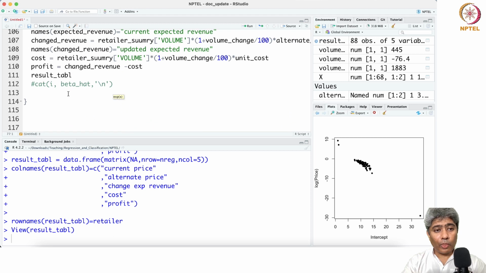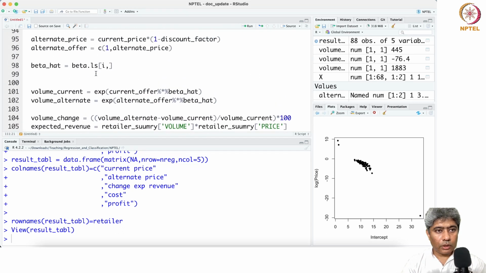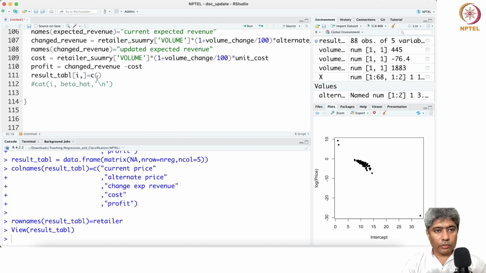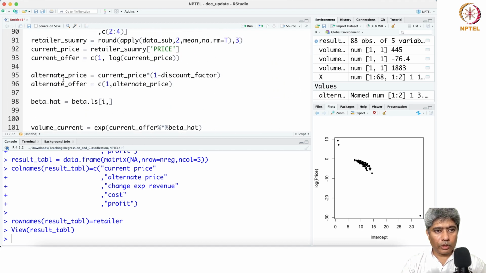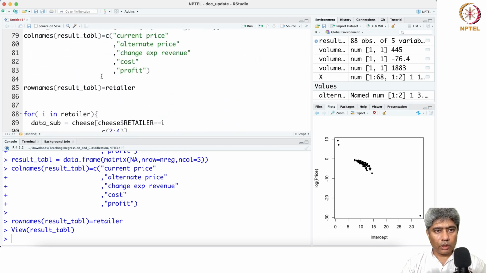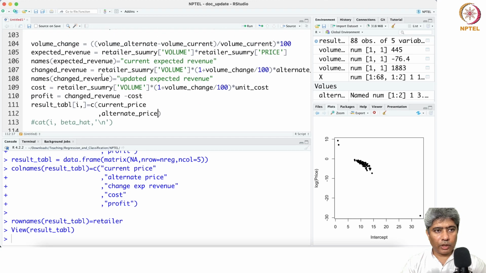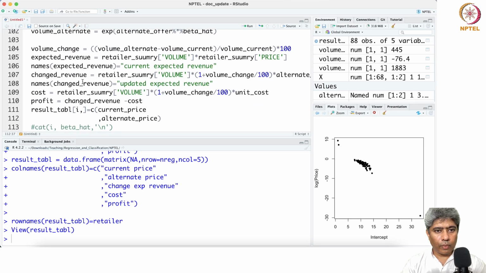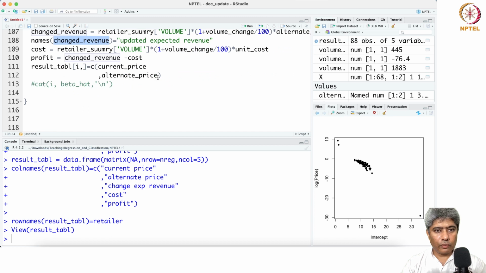Now result table equals to I comma C. So what I have to fit now is current price. What is current price? This is the current price. Then alternate price, then change in expected revenue, so changed revenue.